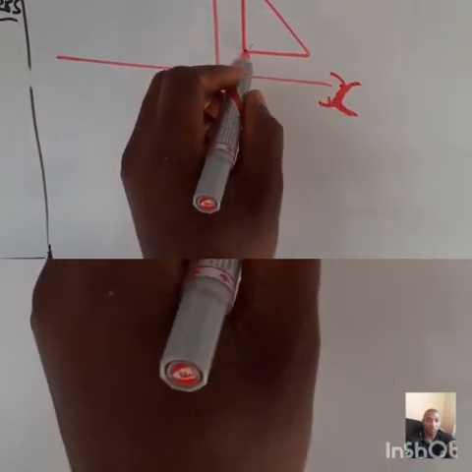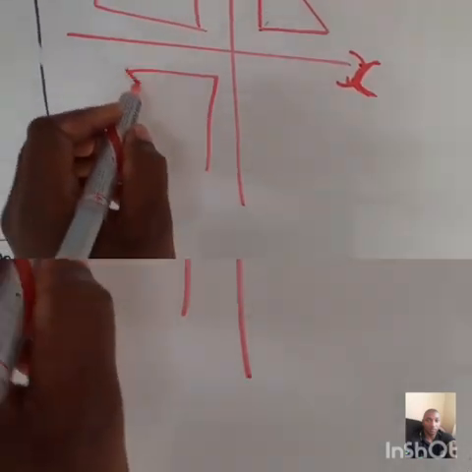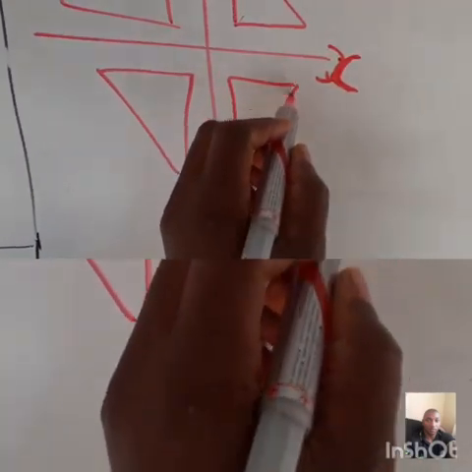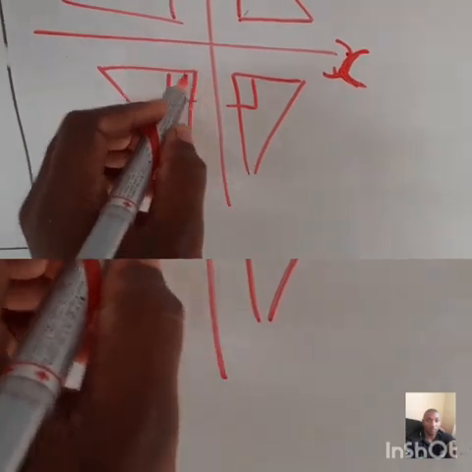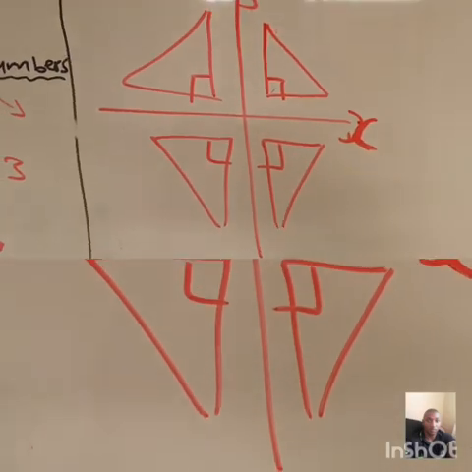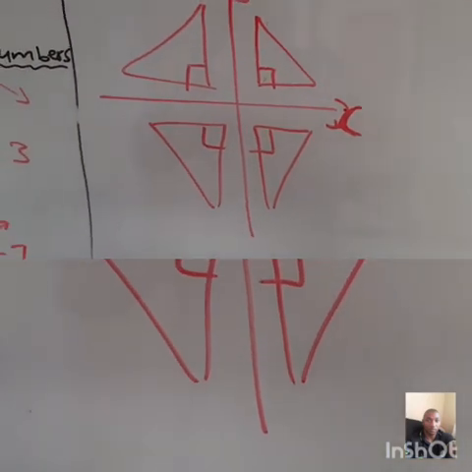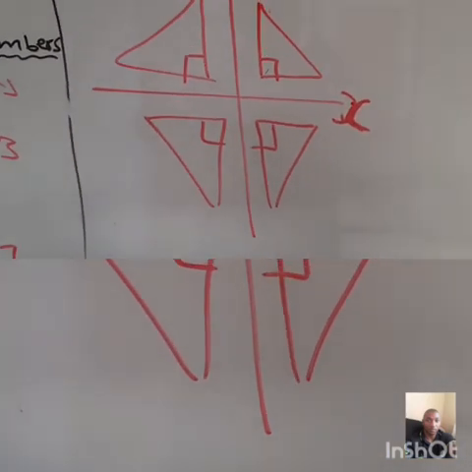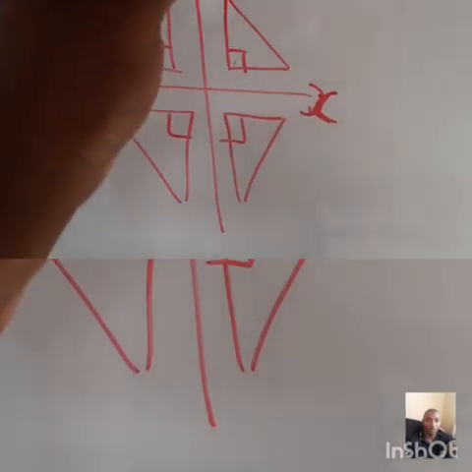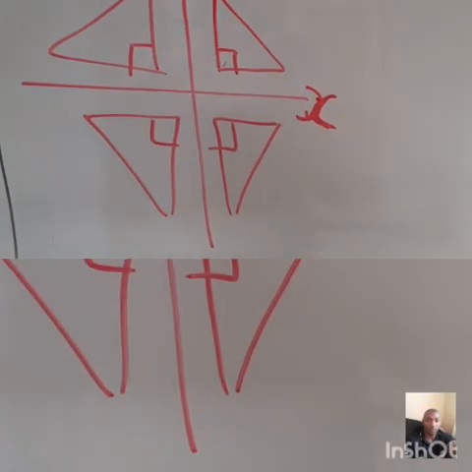They are actually not 4 different triangles, but they are positioned differently, as you would find in your examination or a test. You'll notice that on our Cartesian plane, we have the y-axis and the x-axis.